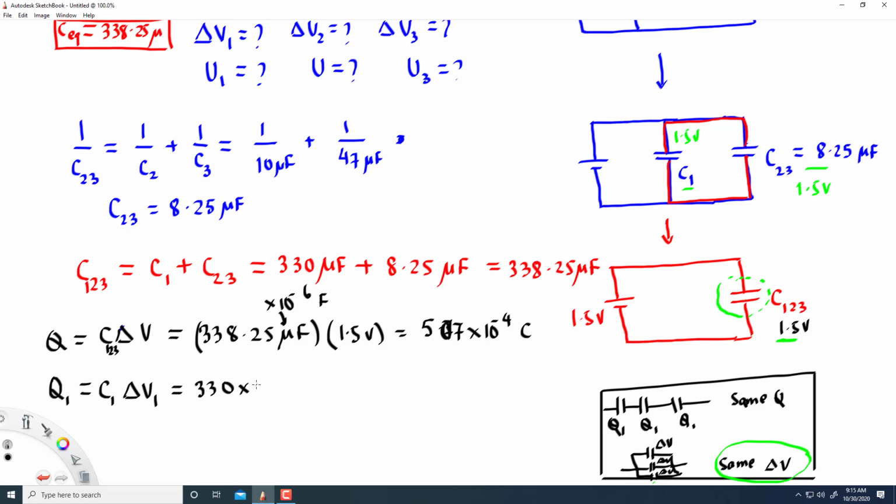Changing that to farad, multiply by 10 to negative 6 farad. That's C1. Delta V1 is 1.5, and that gives you Q1, which comes out to be 495 microcoulomb.